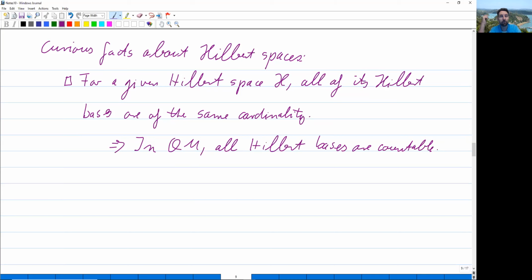Remember, we have the Stone von Neumann theorem, which tells us that all representations of quantum mechanics happen in the same Hilbert space. The representations may look different, but fundamentally they just differ by a choice of bases. And now we have this theorem that all Hilbert bases are of the same cardinality, and in quantum mechanics that cardinality is countably infinite.